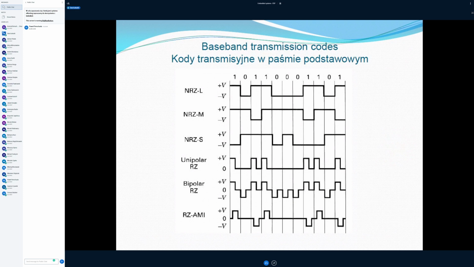But before we go into spread spectrum systems, I would like to pay your attention to the fact that if we want to transmit data in the baseband, we could imagine the situation when we have a direct transformation of our bits into high voltage and low voltage: the 1 is high voltage and 0 is low voltage.